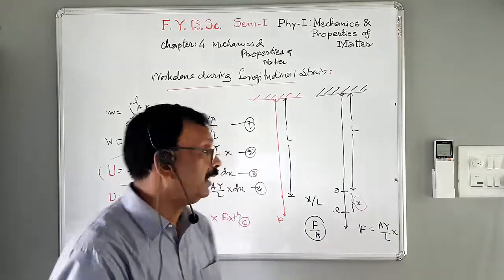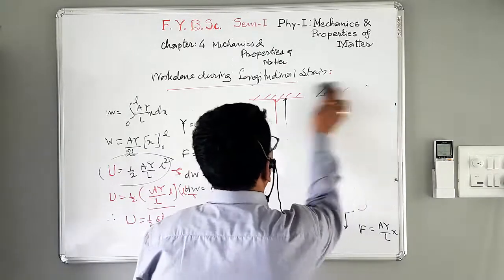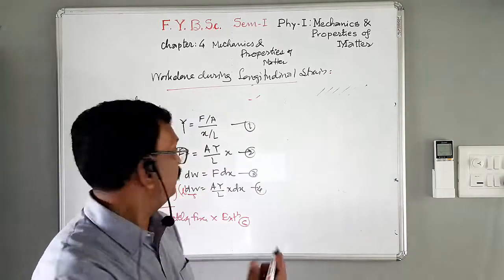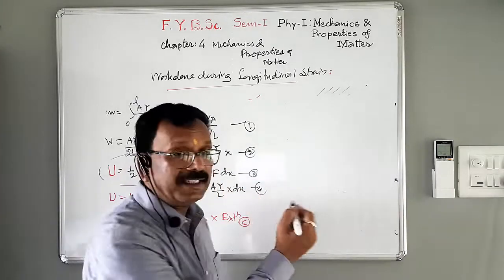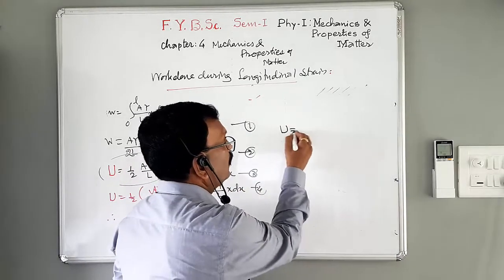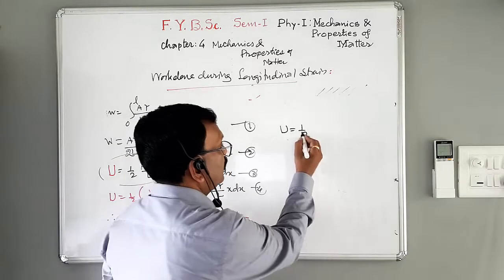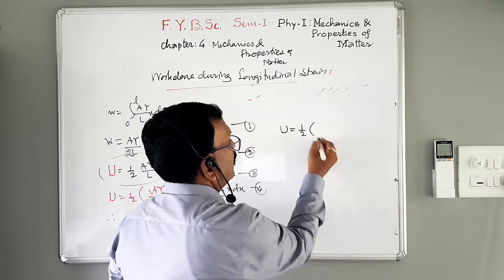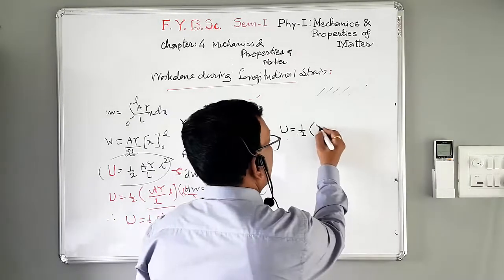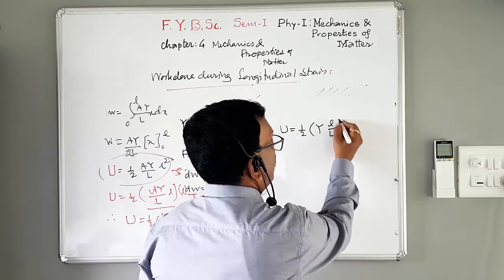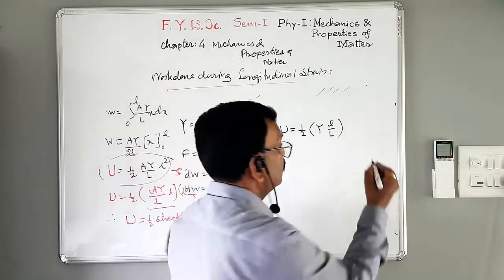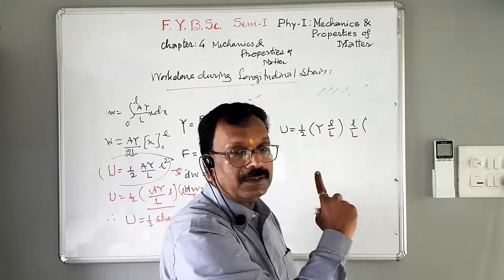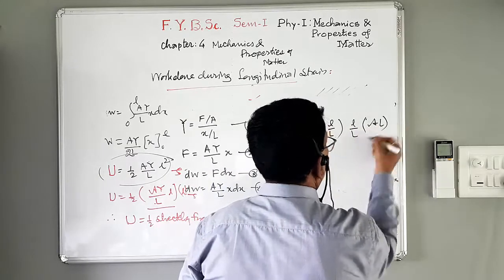Now from equation 5 we can also write U is equal to 1/2 into bracket Y small l upon capital L, in another bracket l by L, into the remaining quantity AL.